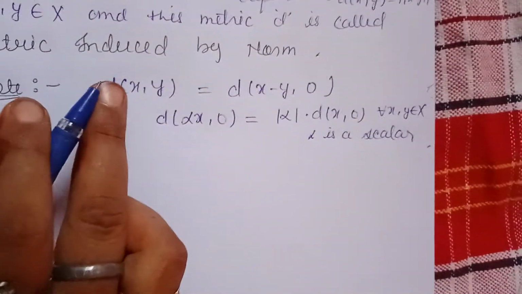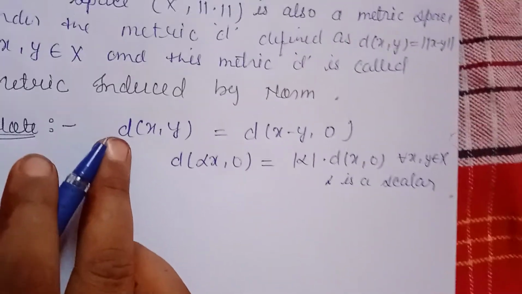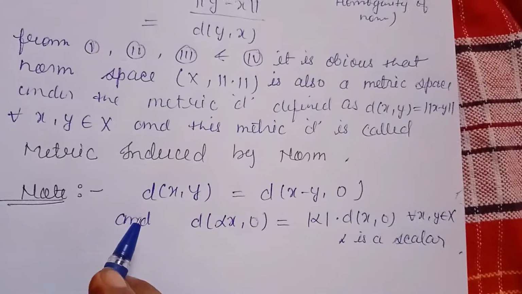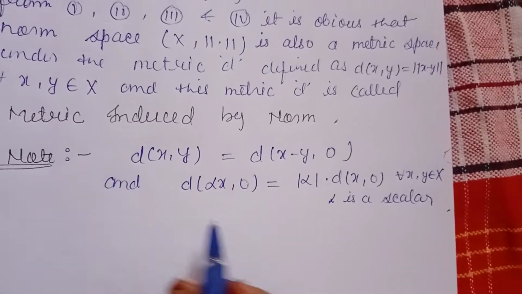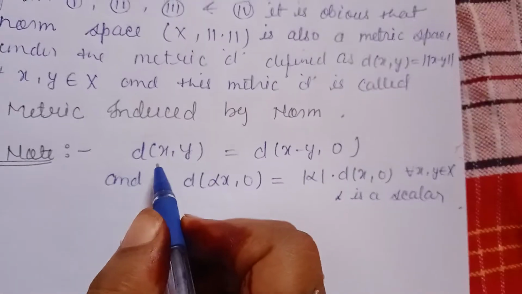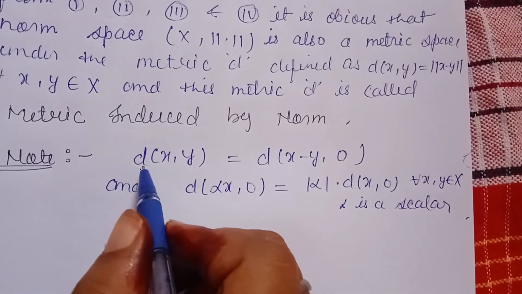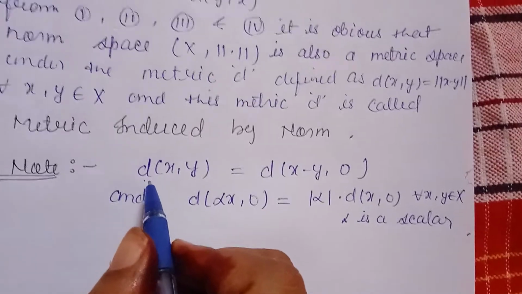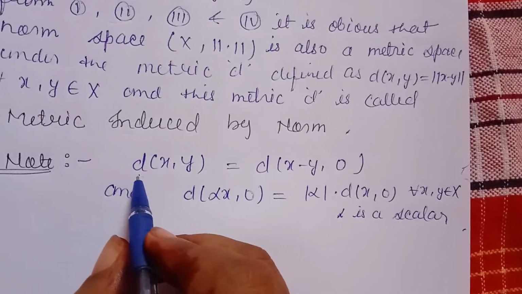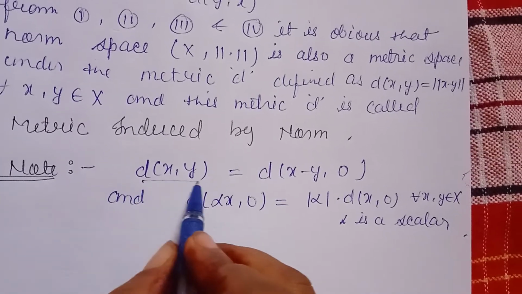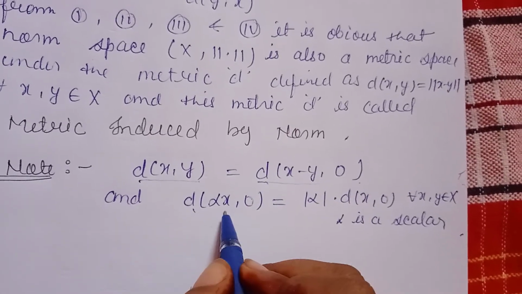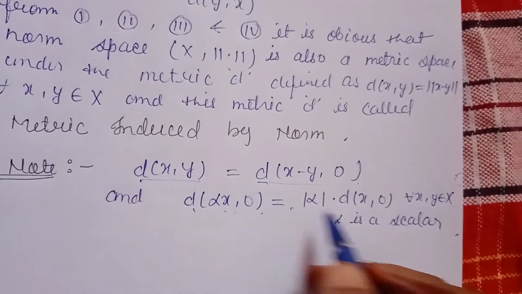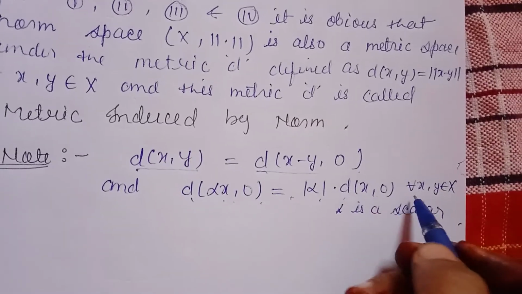In the above metric space, d is defined by the norm, and due to the given metric d satisfying the norm space, it also satisfies the conditions d(x,y) equal to d(x minus y, 0) and d(alpha x, 0) equal to modulus of alpha times d(x,0).